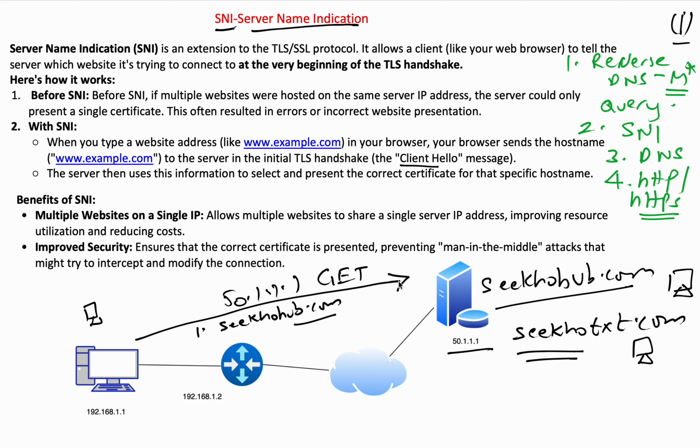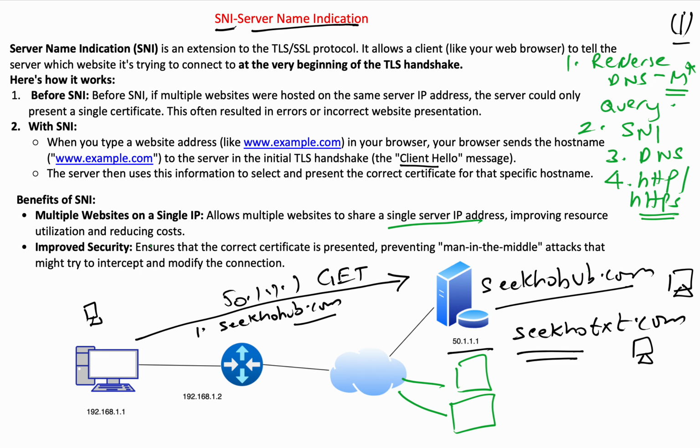It allows the websites to share the single IP address, improving resource utilization and reducing cost. Or else I would have been creating multiple servers with different IP addresses, and I would need to spend on multiple bills for multiple static IP addresses, because I need to enter them in my DNS as well.